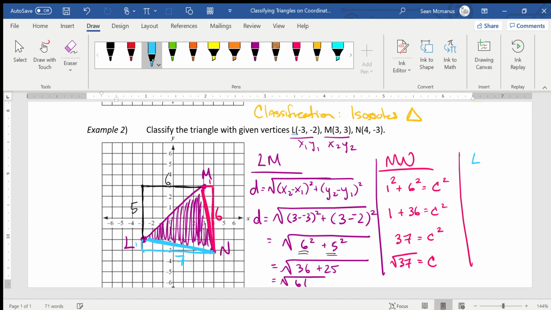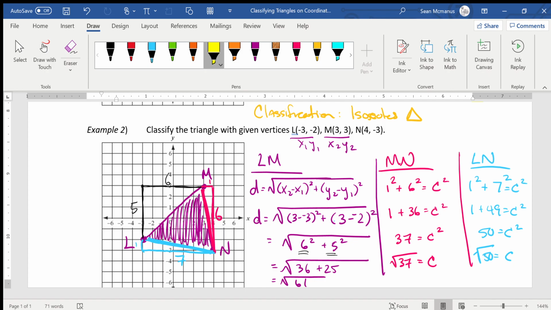So from L to N, I went down 1, so 1 squared, and I went to the right 7, so 7 squared is c squared. So 1 plus 49 is c squared. So 50 is c squared, and c is the square root of 50.